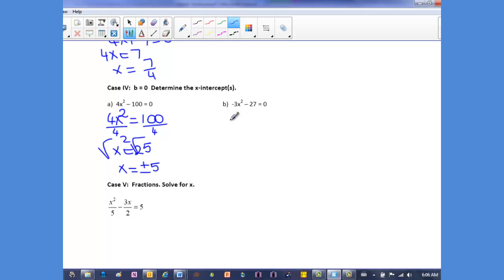My hint to you for the one under case 4b is first find a greatest common factor and then apply a method. So try and find a greatest common factor, and then you will be virtually in the same position as in example A, and you're going to solve for x.